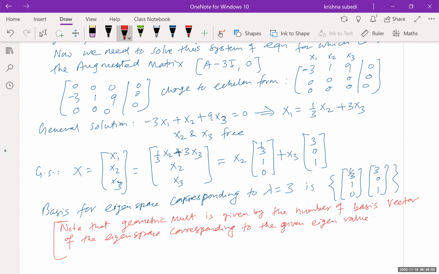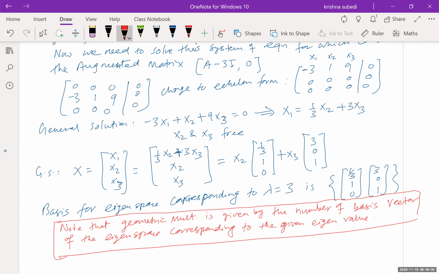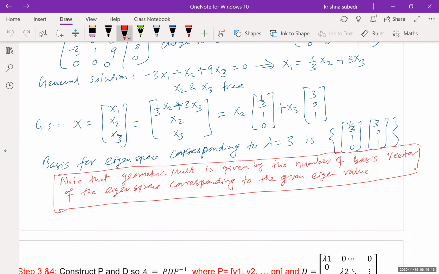This is the definition of geometric multiplicity. You don't need to write this down here. I'm just letting you know that this is called the geometric multiplicity. So the geometric multiplicity for lambda equals 3 is 2, because there are two vectors. Okay, so we are done with lambda equals 3.